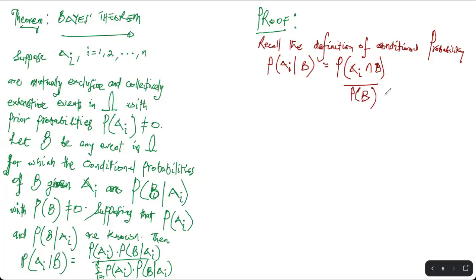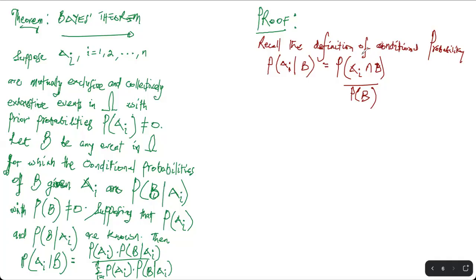We can replace the numerator by the theorem, the expression that we looked at not too long ago, like the past hour or so. So we know the multiplicative rule.